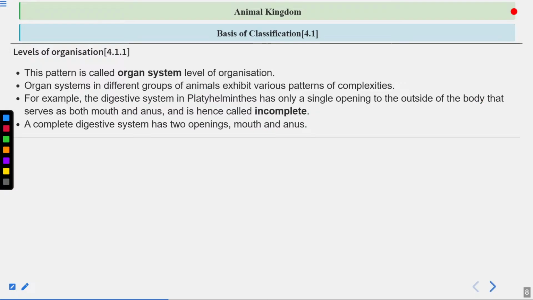A complete digestive system has two openings, the mouth and anus. The organisms having two openings for the digestive system: the one through which you take food is the mouth, and the one from which you remove the undigested food material from the body is the anus, right? So that is the complete digestive system.